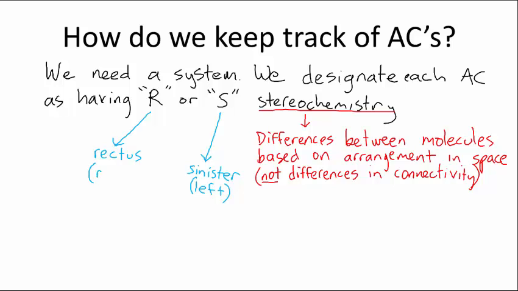So, any Latin scholars in the room? Yeah, so in German, the R would make sense. Recht would be right, but left in German doesn't start with S, right? So whatever it is, the R and the S, who knows who came up with those two letters? Don't try and make sense of them. They're just the letters someone chose. Kind of like our atomic orbitals are s, p, d, and f because someone chose those letters.